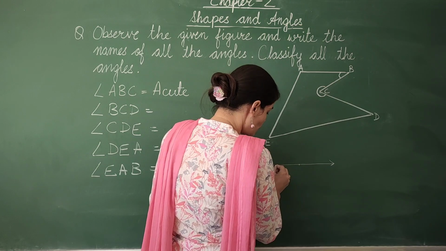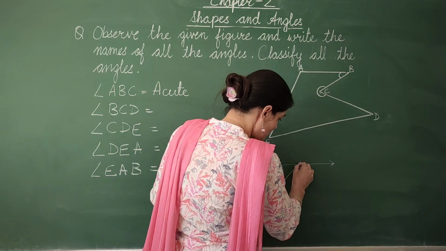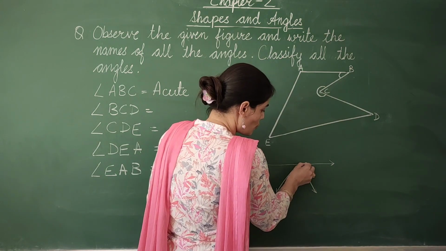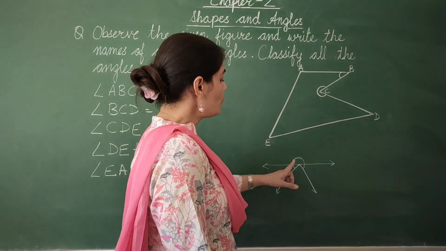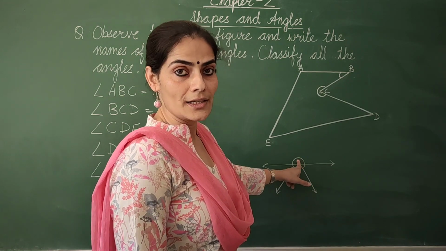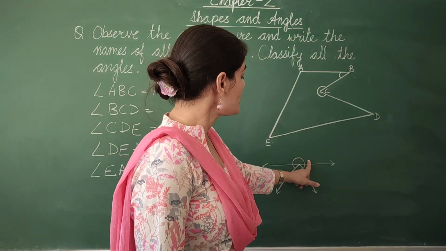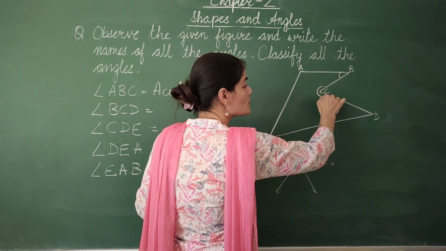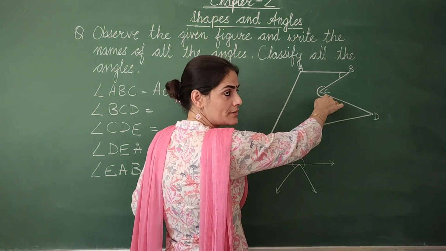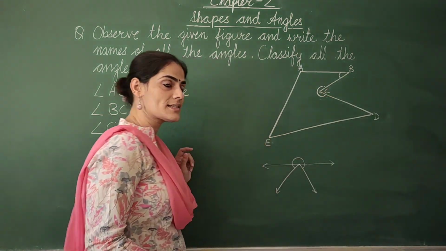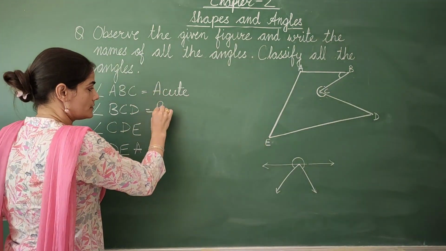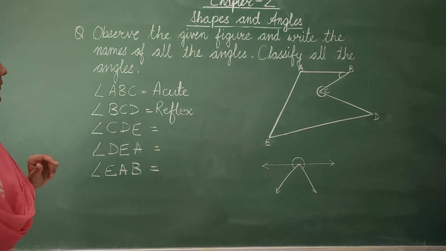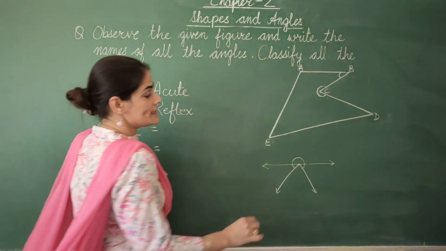Now they have moved further and in a way they are positioned like this. So what kind of angle is this? When you draw a straight angle, you are able to see the semicircle in the arc. But when this semicircle becomes bigger, more than the semicircle, that means it is a reflex angle. So what type of angle is this? Reflex angle.